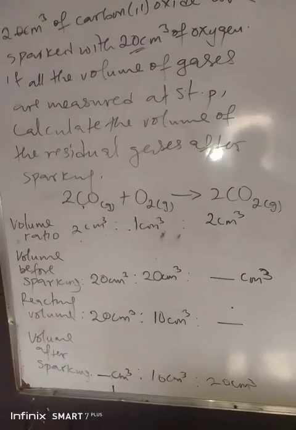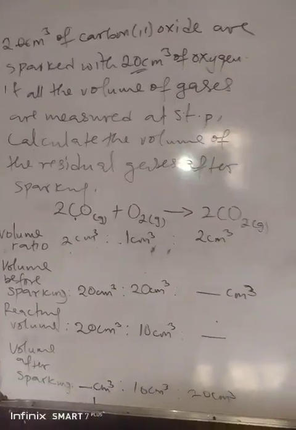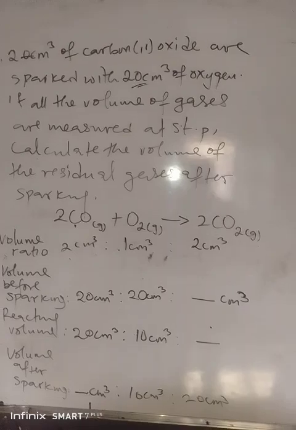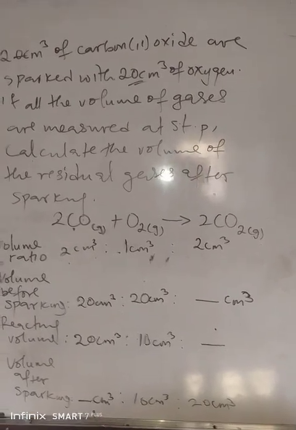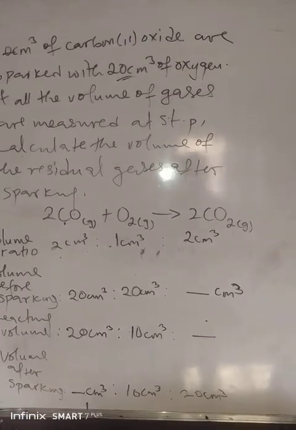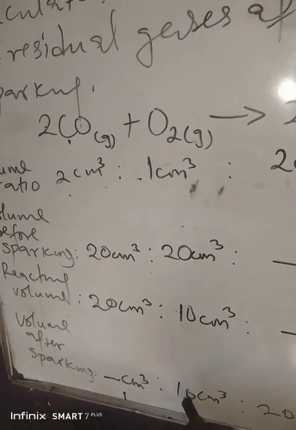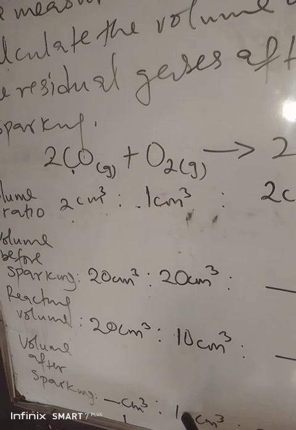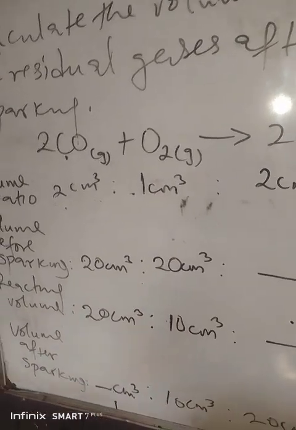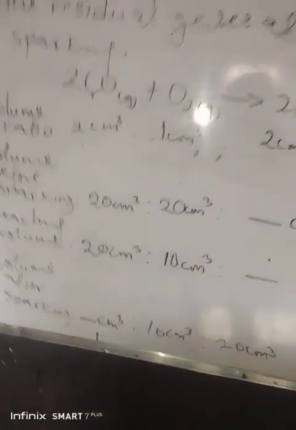Now what are we looking for? We are looking for the volume of the residual gas. The formula for volume of residual gas is the volume of the product, which is 20 cm³ of CO2, plus the volume of the unreacted gas, which is 10 cm³ of unreacted oxygen. Answer is 30. So that is how to do that.